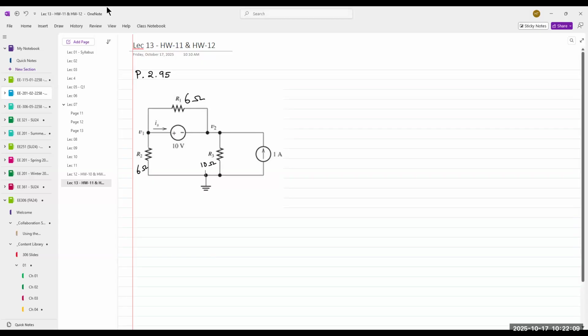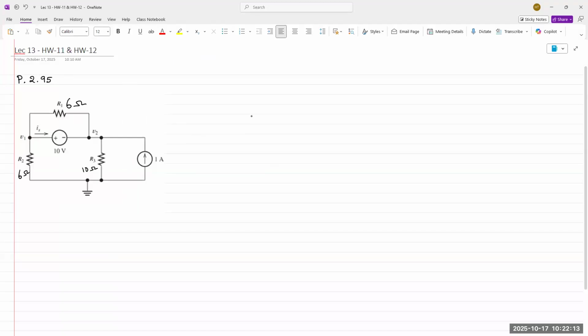Okay, all right. So how many sources? Two sources in the circuit. One is a voltage source, the other one's a current source. So let's call this Vs and Is.